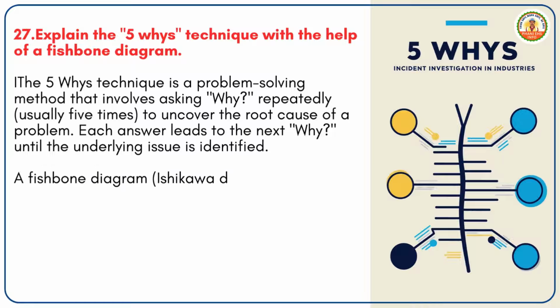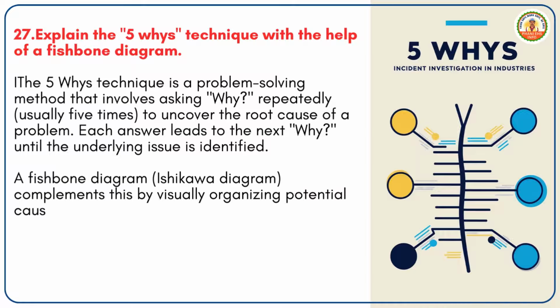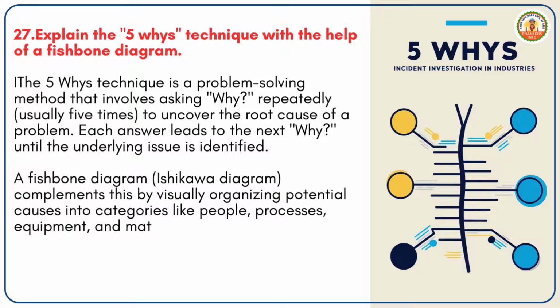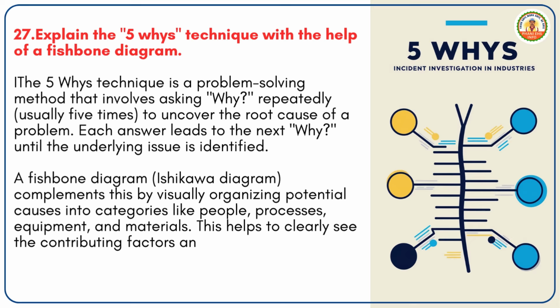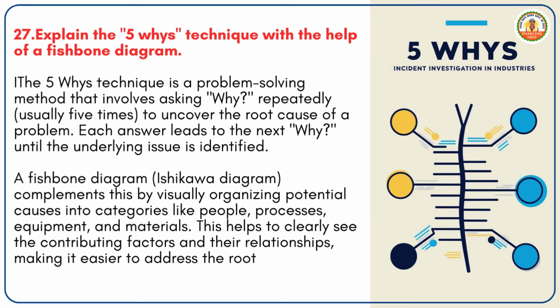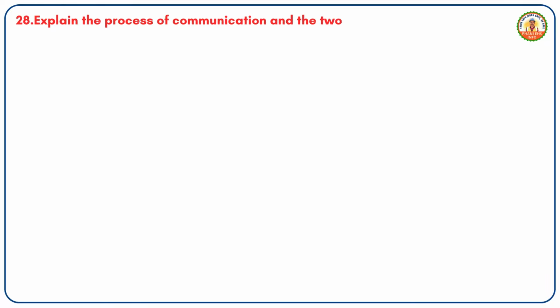A fishbone diagram, Ishikawa diagram, complements this by visually organizing potential causes into categories like people, processes, equipment, and materials. This helps to clearly see the contributing factors and their relationships, making it easier to address the root cause of the issue effectively.